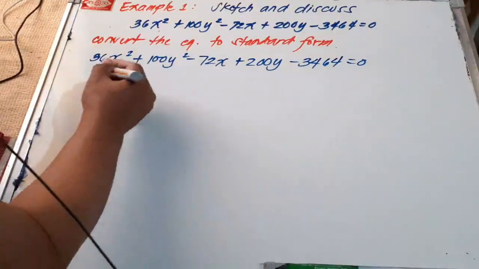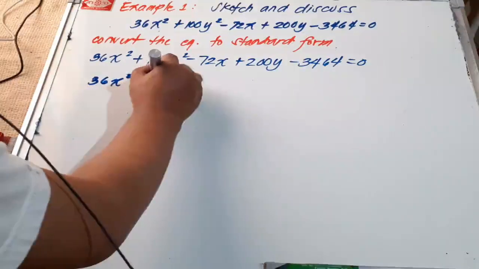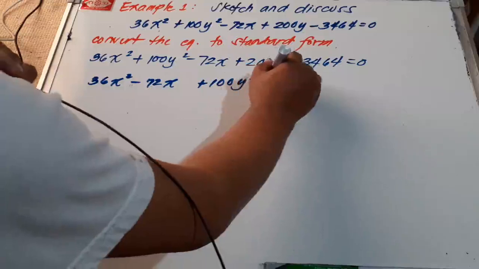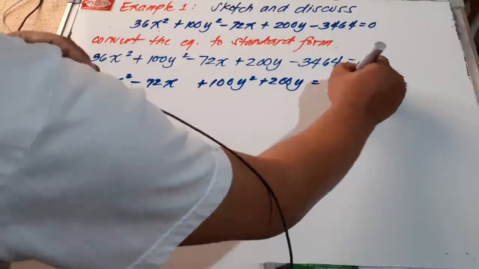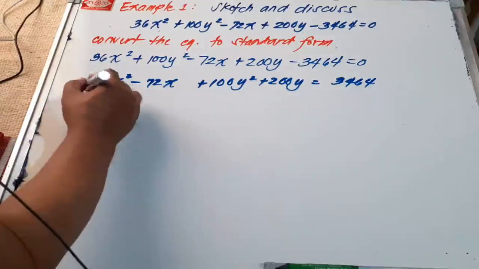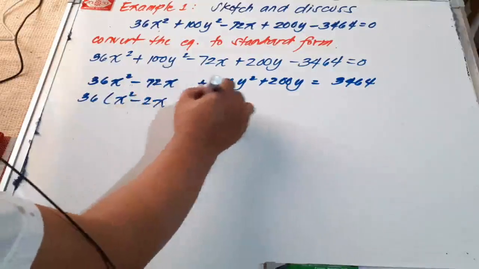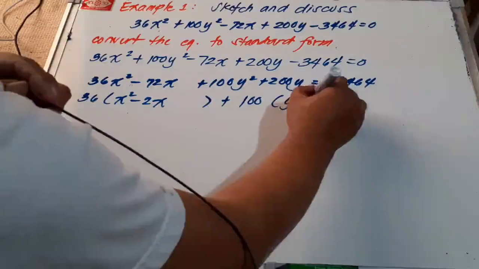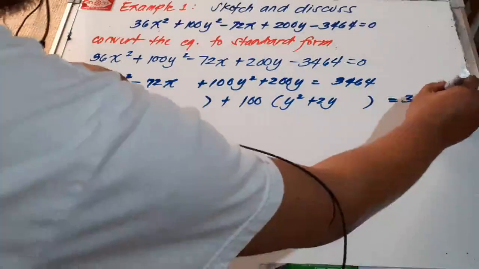So pagsamahin natin yung mga x term, 36x squared minus 72x plus 100y squared plus 200y, and then transpose natin yung constant term sa right side. That will be 3,464. Factorable by 36, so we have 36 times x squared minus 2x. This one factorable by 100, yung y squared plus 2y, and then 3,464.